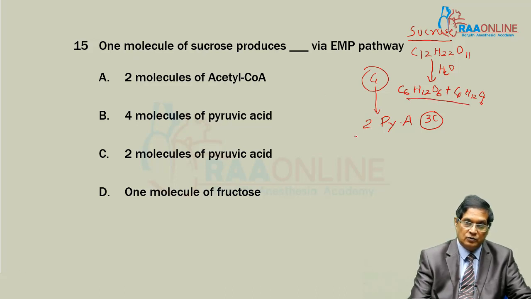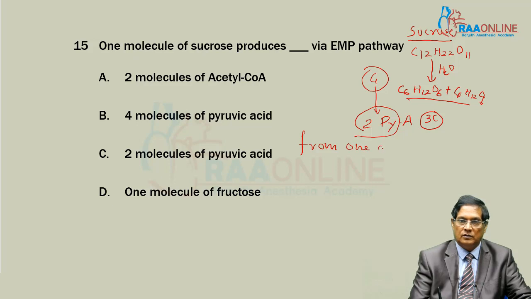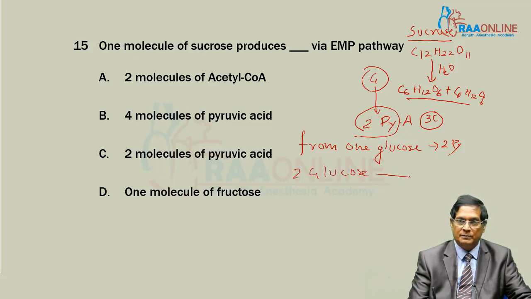So from one glucose, 2 pyruvic acids. Then from 2 glucose, how many pyruvic acids?